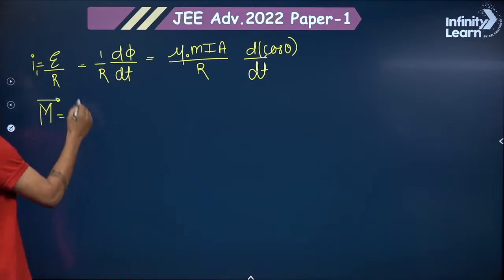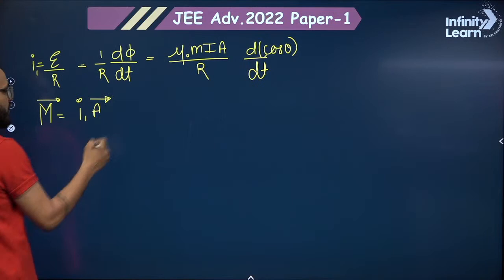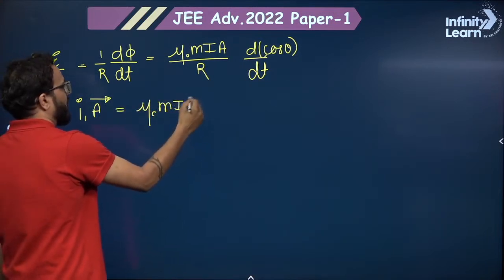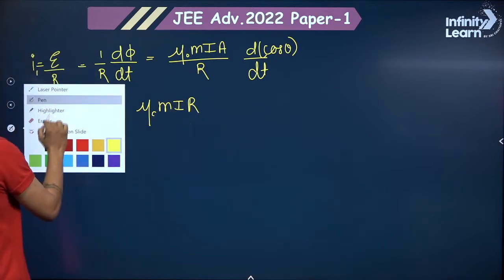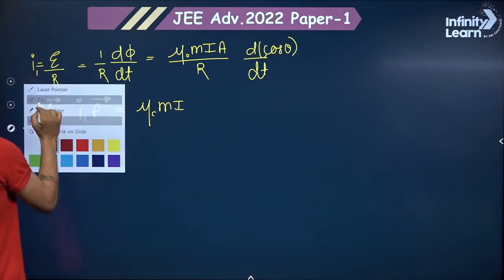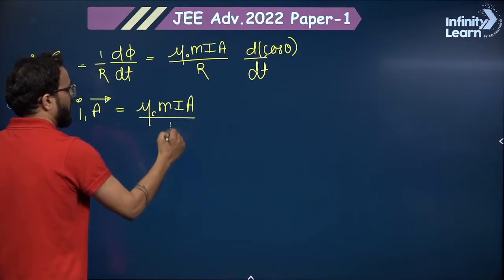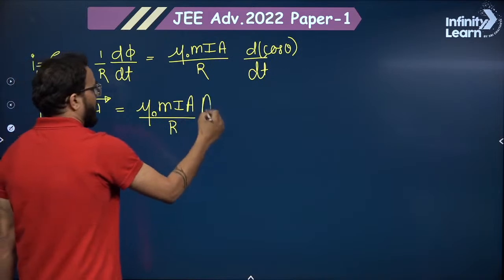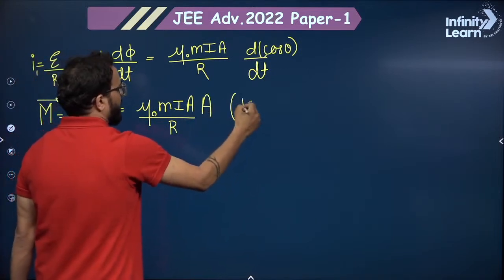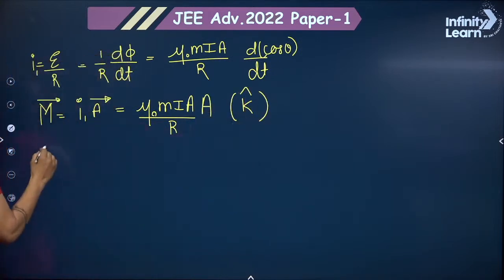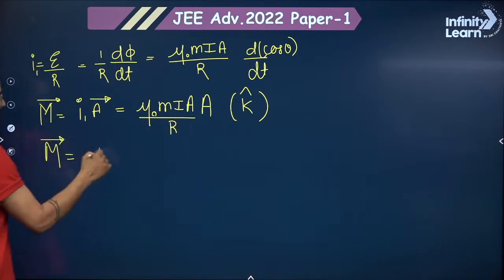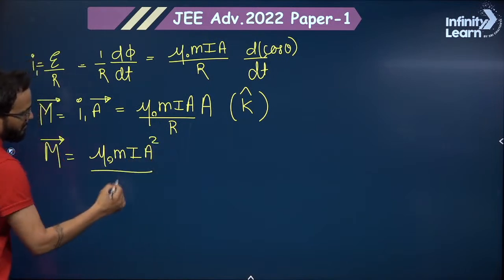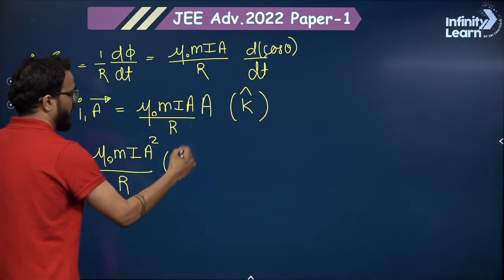This will be I1 times vector A. So this will be again mu naught m I A upon R into A times k cap. So magnetic moment will be mu naught m I A square by R into k cap.